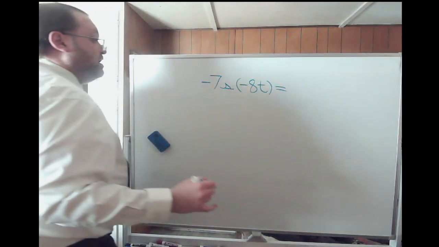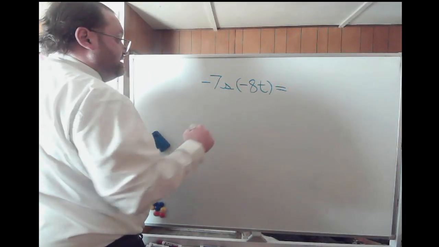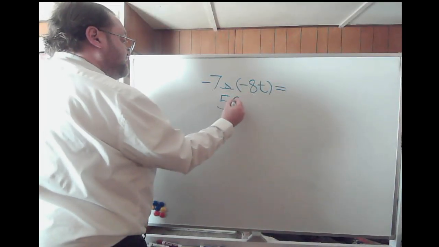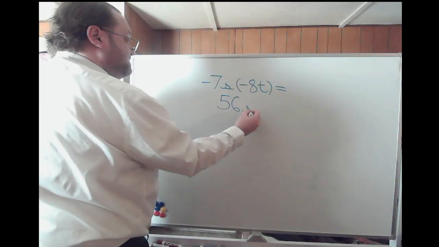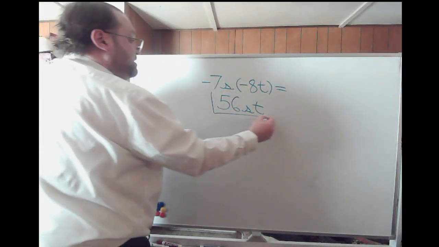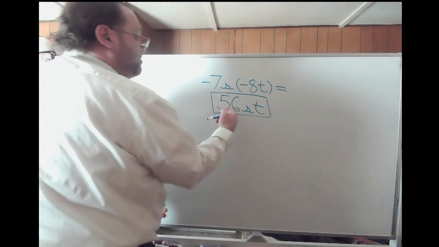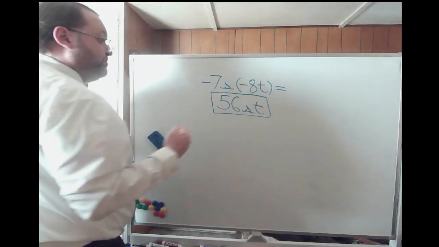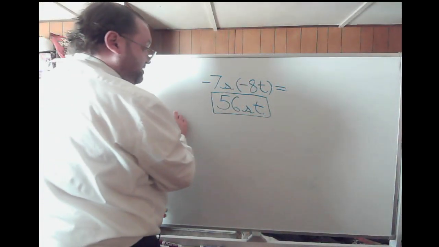So just do 7 times 8, which is 56. Then you have times s times t, so that's 56st. That would be your answer. So you took negative 7 times negative 8, which made positive 56. Then you had times s times t. So you got 56st.